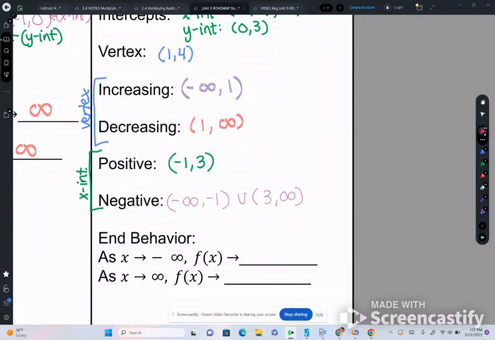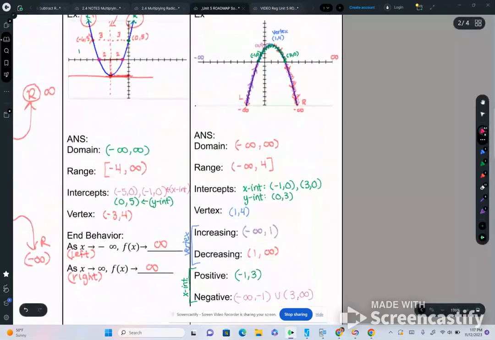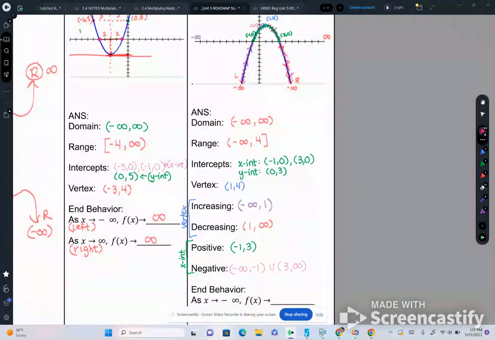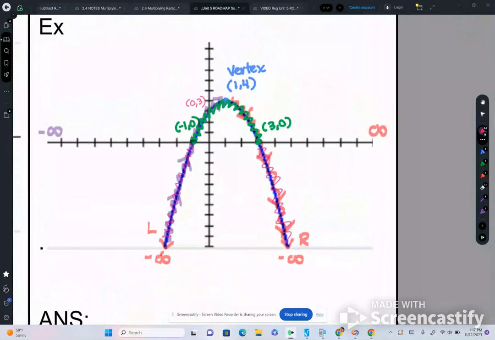Let's go back and look at that graph and those values one more time. Notice how we have our x-intercepts at -1 and 3. When I look at my graph, here's my -1 value, and look to the left of it. From negative infinity to -1, my graph is below.